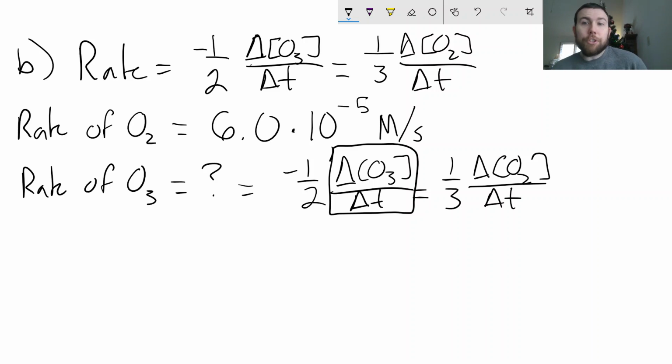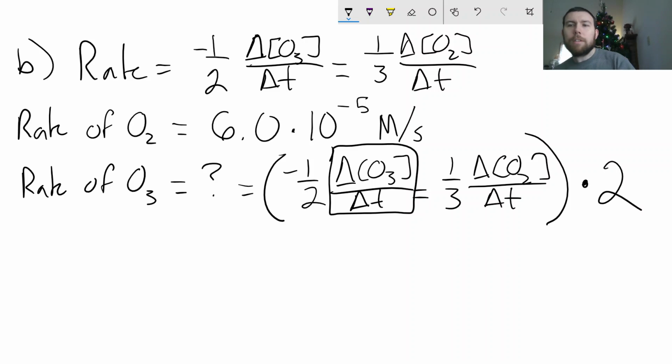And so in order to do that, what we would need to do is to multiply both sides of this expression by 2, right? So I'm just going to put giant parentheses here. We're going to multiply everything by 2. Now, when we do that, the negative 1/2 is going to be converted to a negative 1, right? So that's just a negative 1.